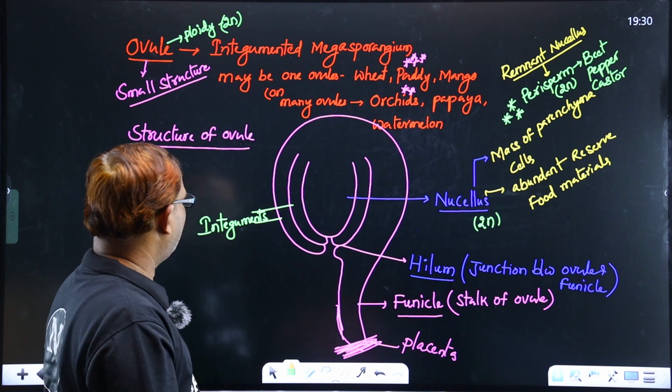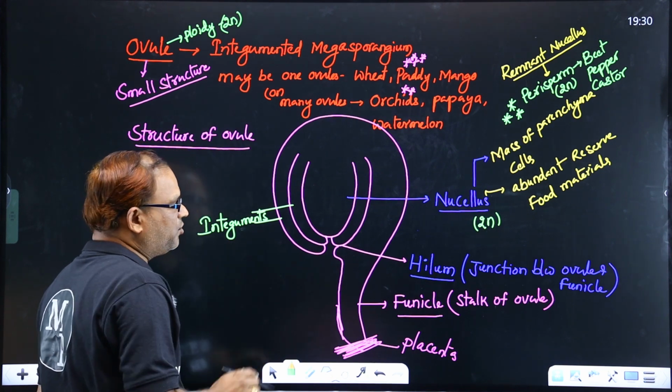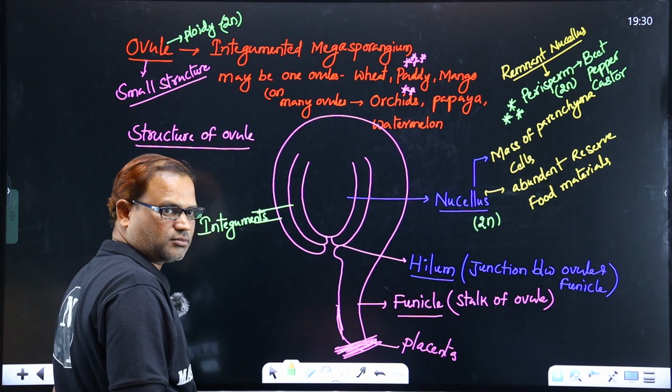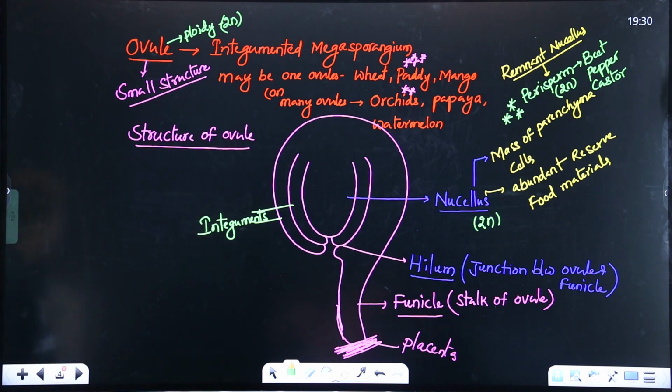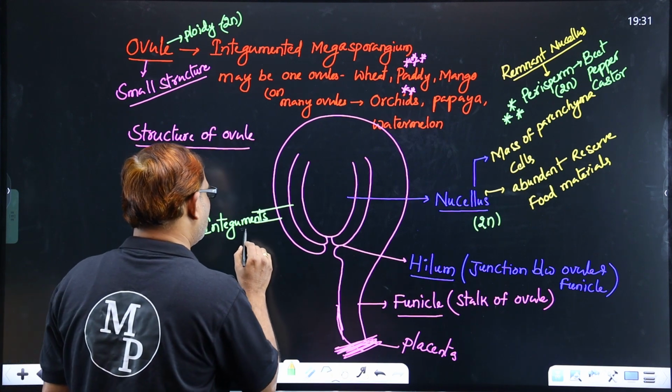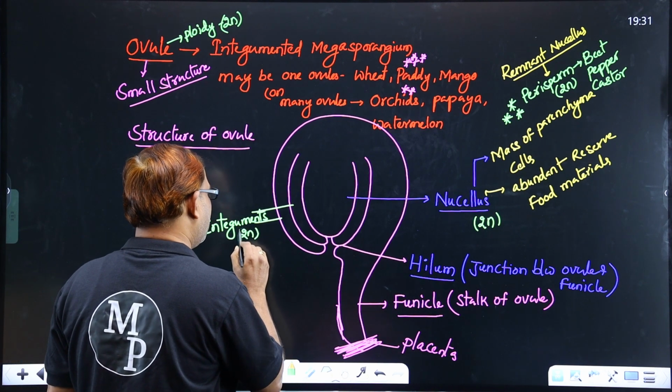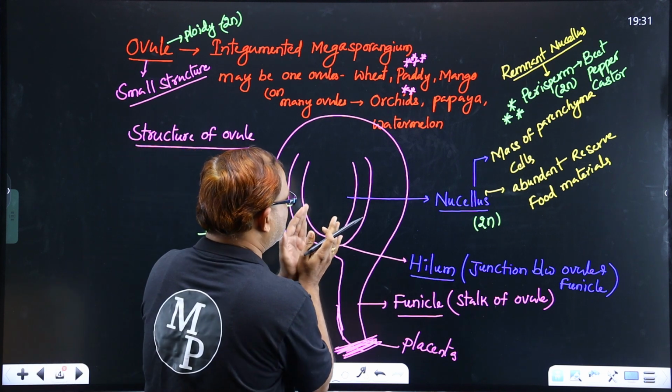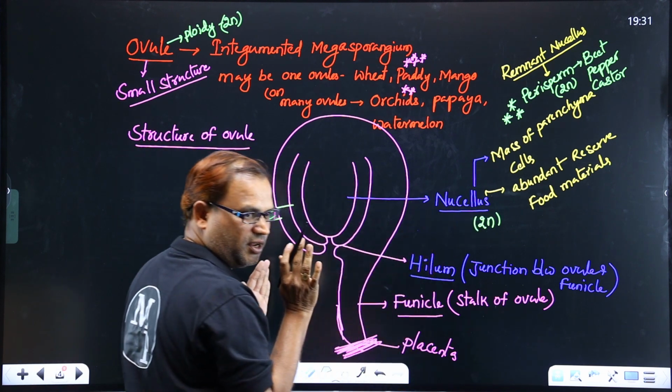Okay, very important. These integuments are also 2n in condition, right? But these integuments enclose the nucellus, very important.